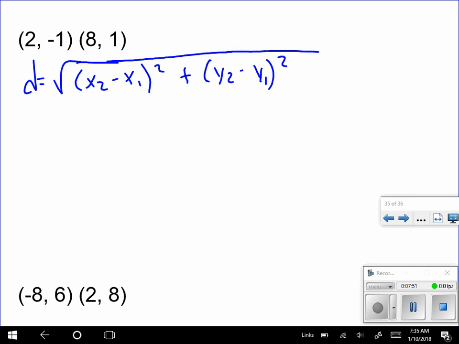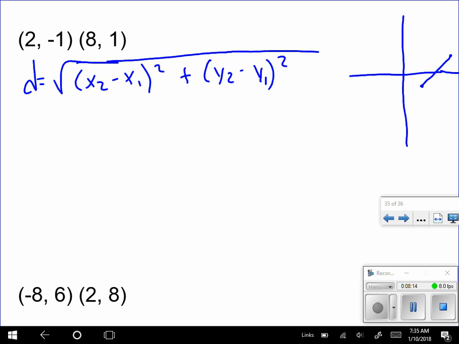Now if you were to draw these points out on a coordinate plane, you would probably still be able to use the Pythagorean theorem. If we look at this, we have (2, -1), so we'd say about there, and then (8, 1). This is what we're trying to find.